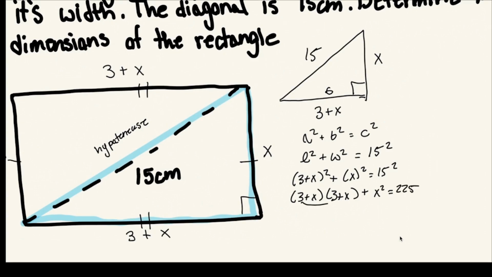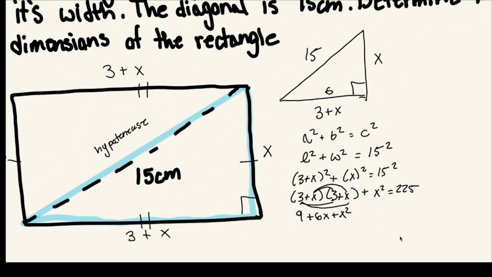Now let's use the distributive property in order to figure out these terms. So we're left with 9 and then plus 6x plus x squared.